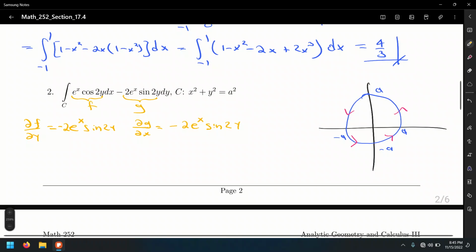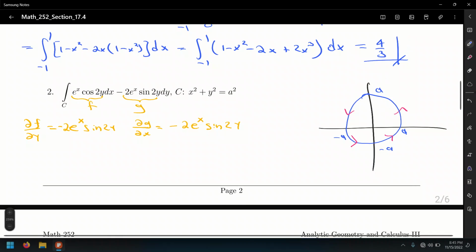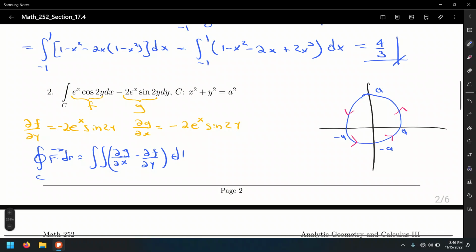All right? And so we can find the line integral over the closed region. That's how we denote that, with the circle in the middle of the integral sign, over the curve C of F dr. And in this case, that's the double integral of partial of g with respect to x, minus partial of f with respect to y, dA.